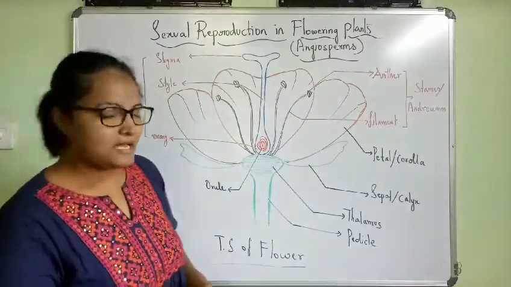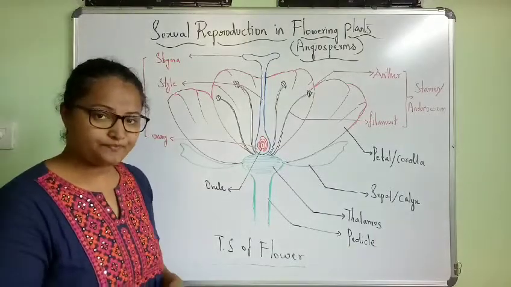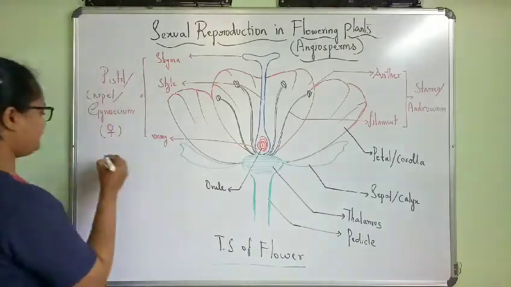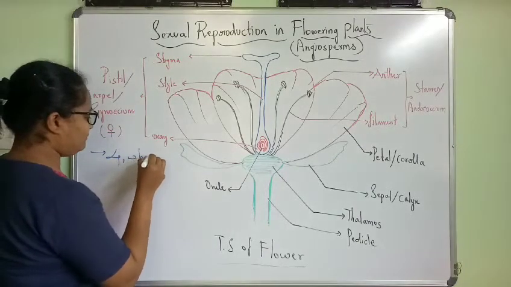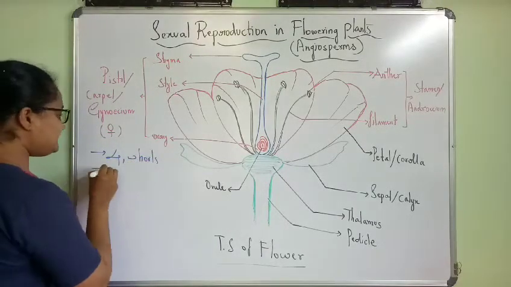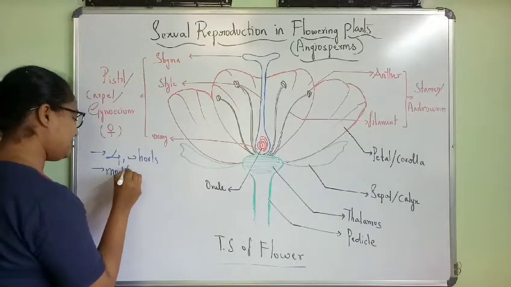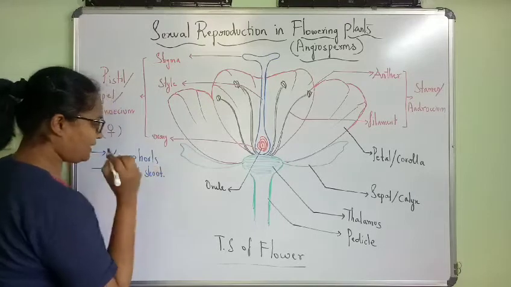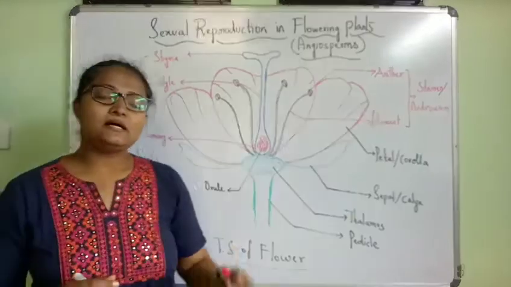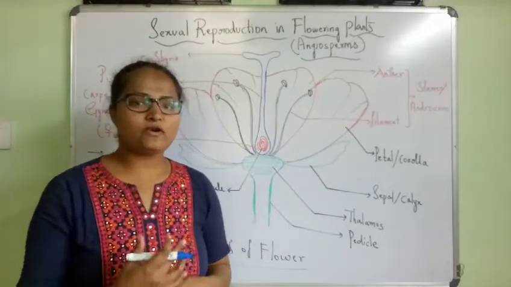The flower consists of 4 whorls, and flowers are called modified shoots. They are nothing but the shoot which is modified into floral buds.